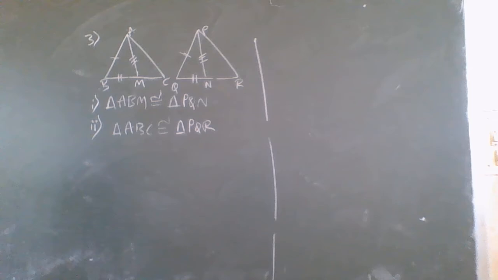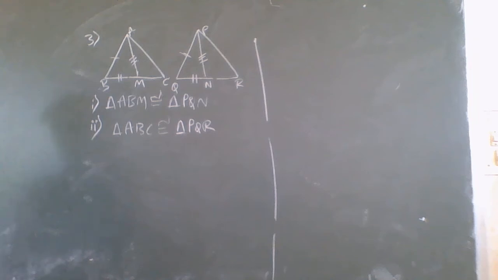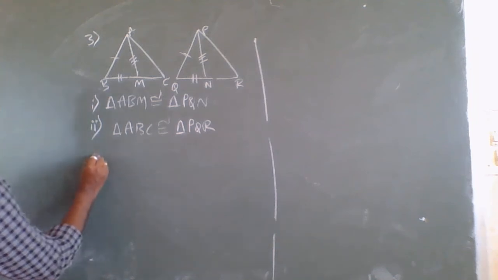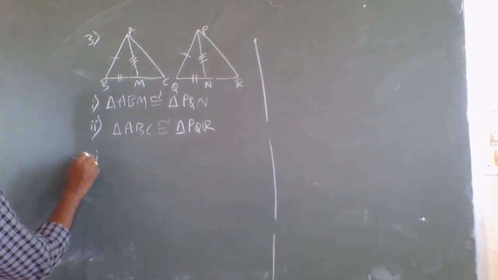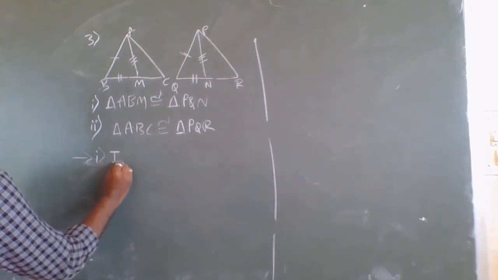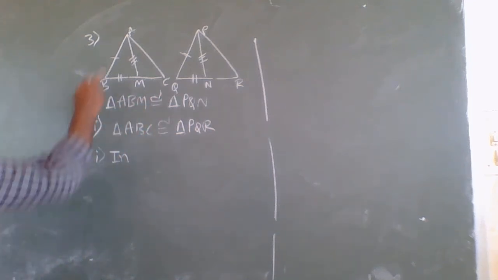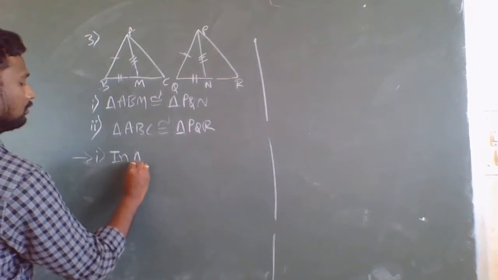So now, first one, triangle ABM and PQN. To prove this, first I will consider triangle ABC.